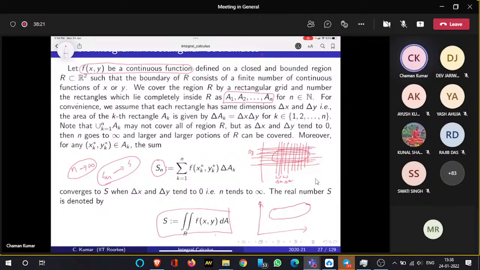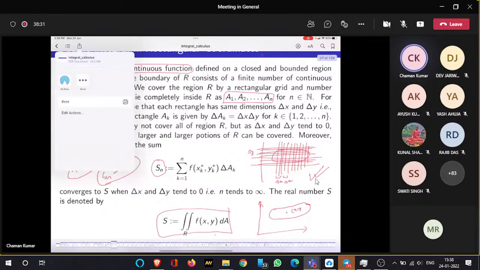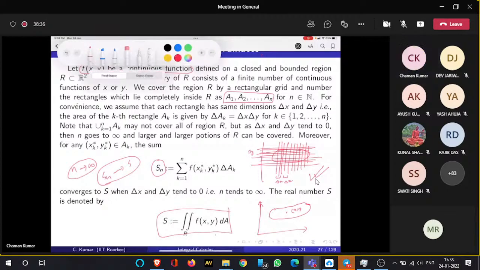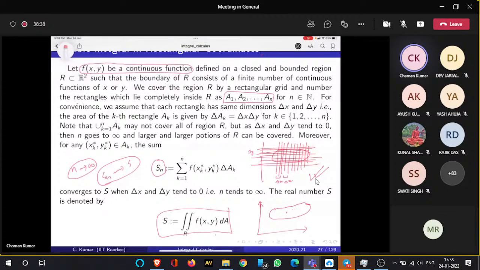So here, if you have this point represented by xy, then you work with this partition. This is the way of partitioning the region. Now instead of representing the point xy, if you represent the point by the radius r and the angle theta, so this is r theta. ठीक है? And what is r theta?